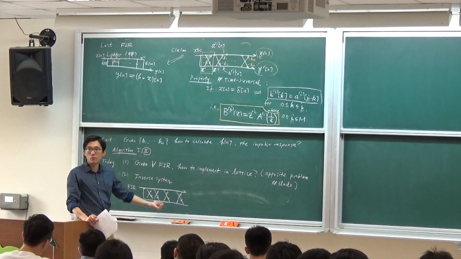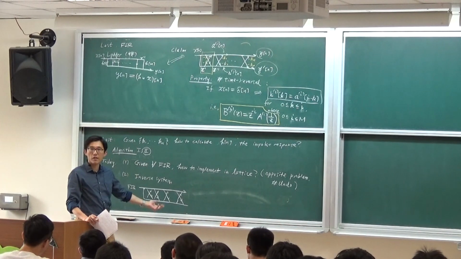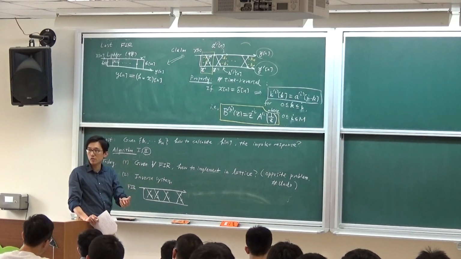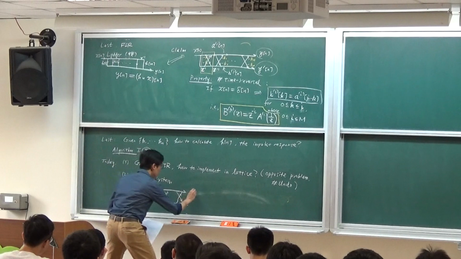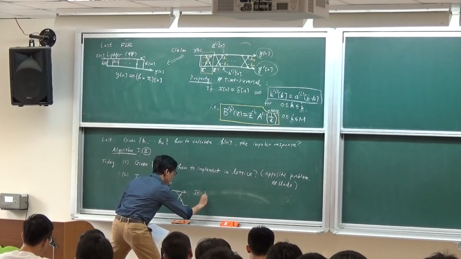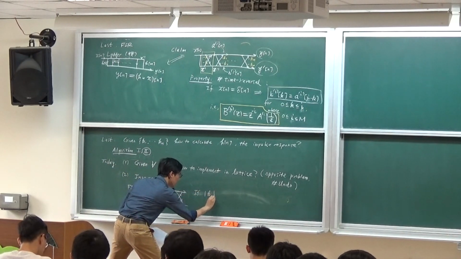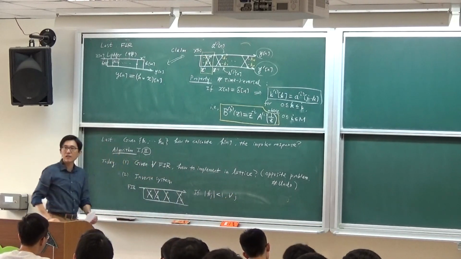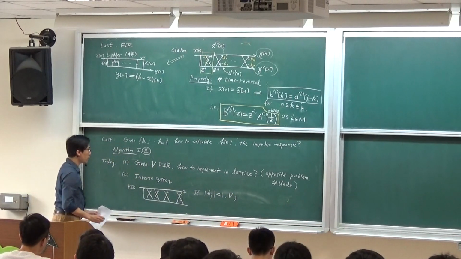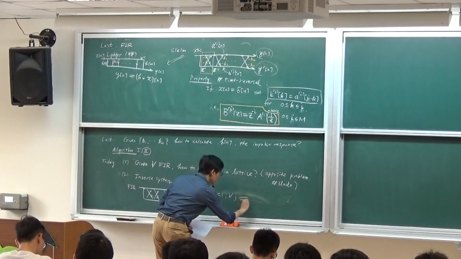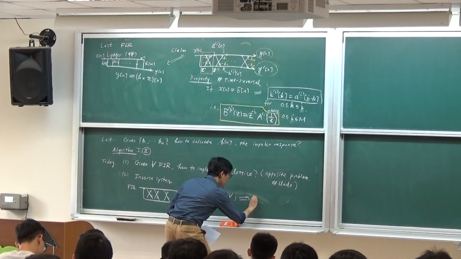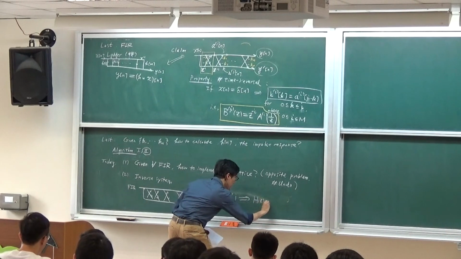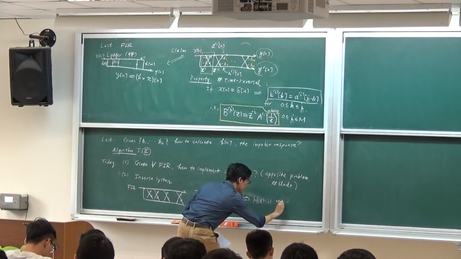Then this system is invertible, or another way to say it, this system H of z is a minimum phase system.